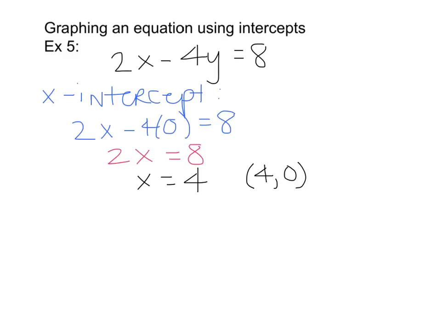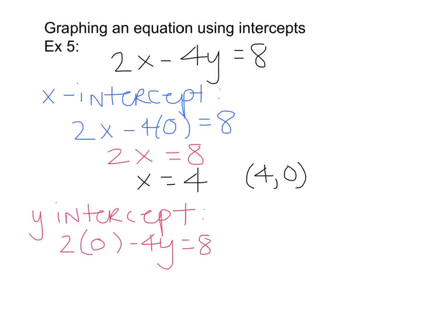Now let's find our y-intercept. So to find our y-intercept, we are going to plug in 0 for x because I want to see where it crosses my y-axis. 2 times 0 is 0, so I'm left with -4y equals 8.